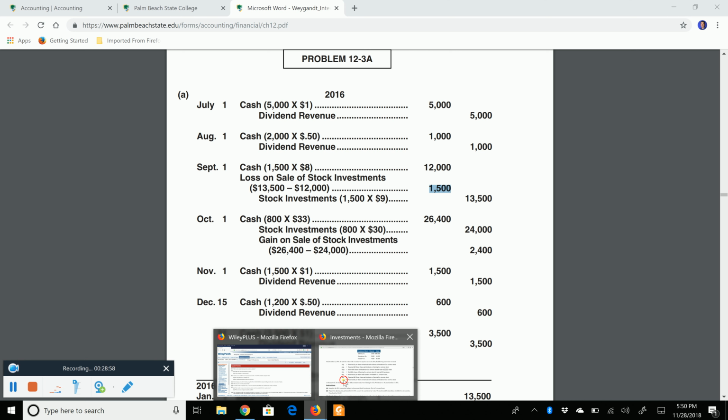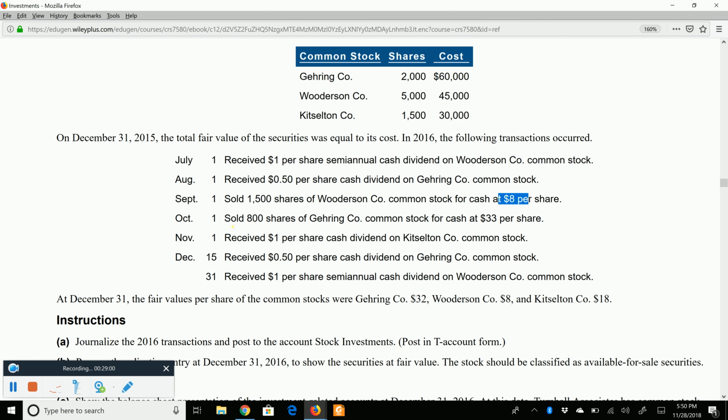Okay, October 1. Let's take a look at October. Wow, we're selling some more of our portfolio. In this case, we're selling 800 shares of Gehring for $33 per share. Now Gehring, what was our original portfolio? 2,000 shares, and we're selling 800 of them. And what was our original cost? $60,000.